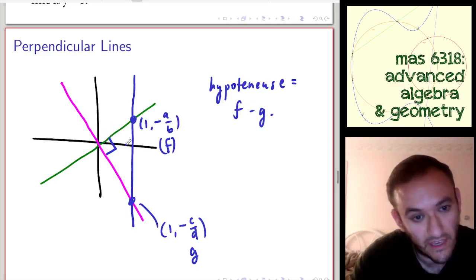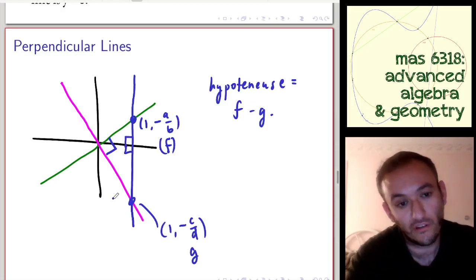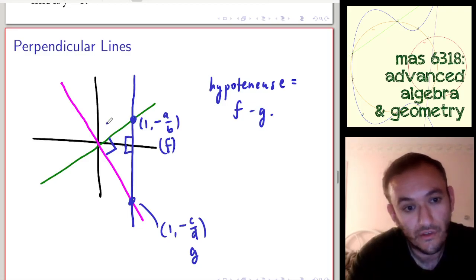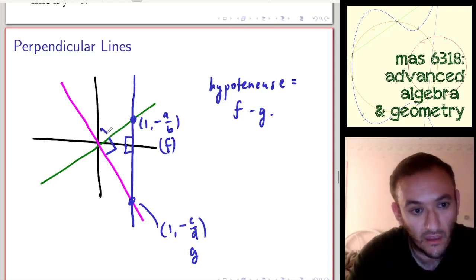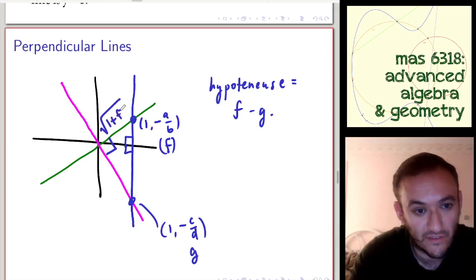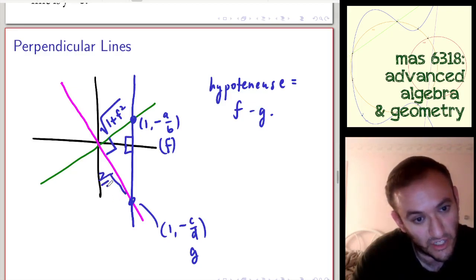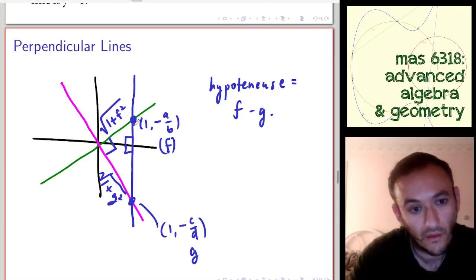Well, we're looking at a vertical line through the x-axis, so that gives us two right triangles. This one is going to be the square root of 1 plus f squared by the Pythagorean theorem, and this one is going to be the square root of 1 plus g squared. And then this is f minus g.